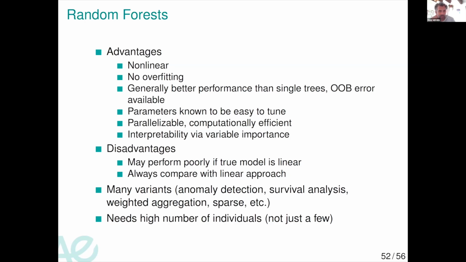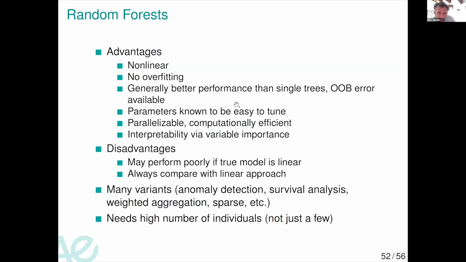There is no overfitting with random forest. More generally, you have a lot better performance than single trees, and you have the out of bag error to compute the performance of the forest. There are different parameters of the forest, but they are known to be not so difficult to tune.